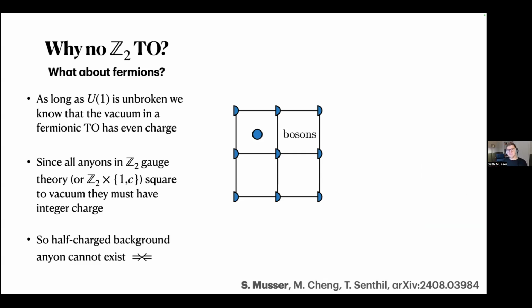But every anyon in the semion order also squares to the vacuum. And so that tells you every anyon in the semion order also has integer charge if it's fermionic. So then I, again, don't have a half-charge background anyon. Does that logic make sense? I think semion squares to fermion.